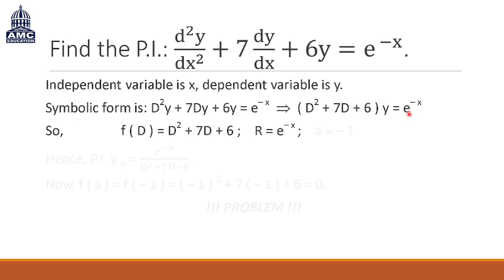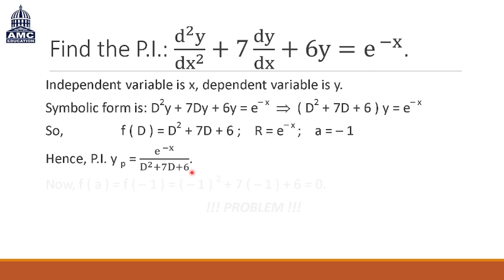As the coefficient of x in e raised to the power negative x is minus 1, a is equal to negative 1. Hence the particular integral is e raised to the power ax divided by f of D, so that is e raised to minus x divided by D squared plus 7D plus 6.